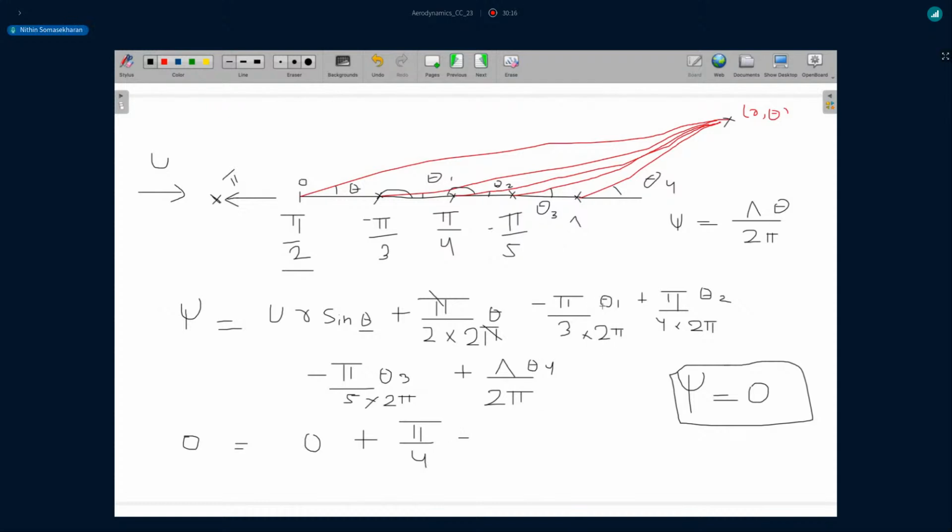And here, if I take theta 1 equals pi, this pi cancels. This is nothing but pi by 6. And here pi cancels, and if theta 2 equals pi, then this would be pi by 8. And here pi cancels, theta 3 equals pi. This would be minus pi by 10. Right? And then lastly, kappa by 2 pi into pi.